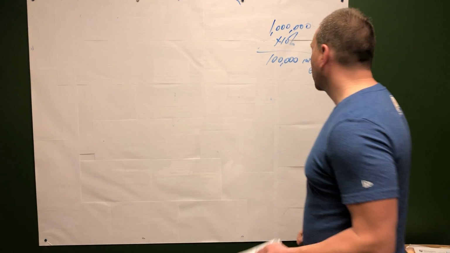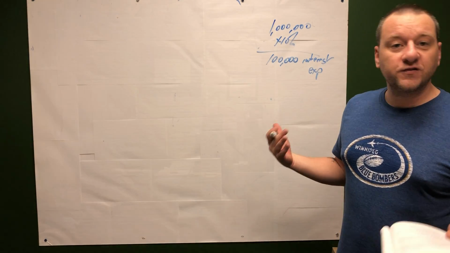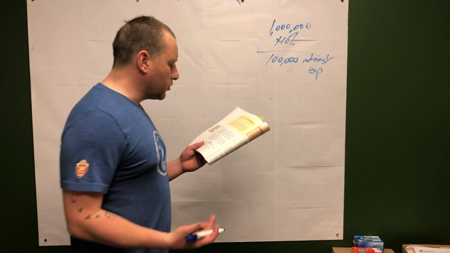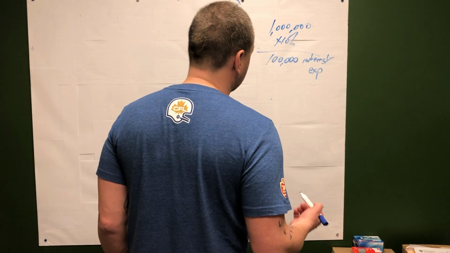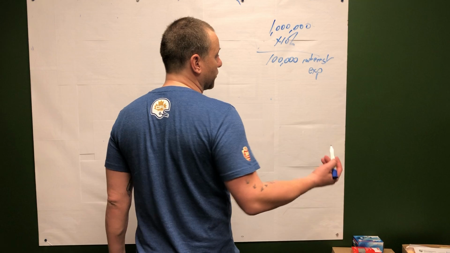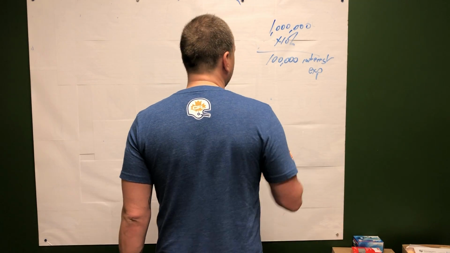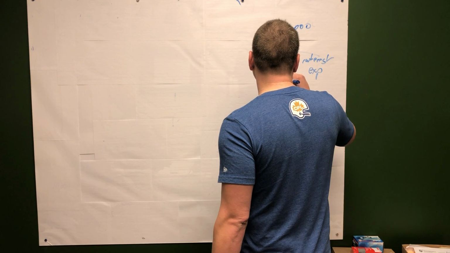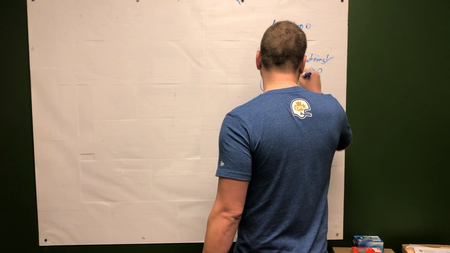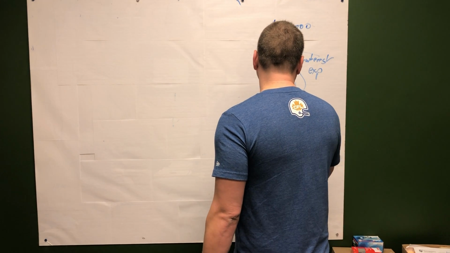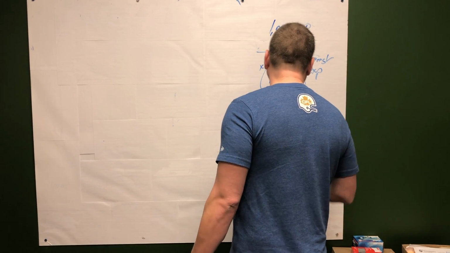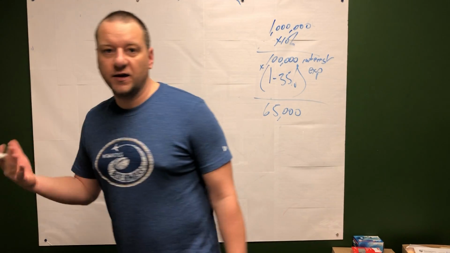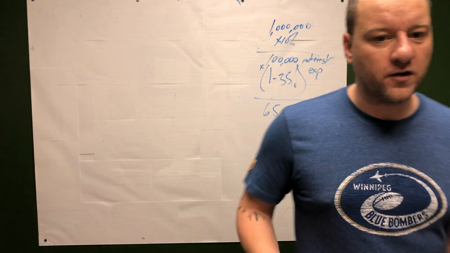Remember, that interest is tax deductible, so it's actually going to reduce our tax bill by $35,000. We take 1 minus the tax rate of 35%, and the after-tax cost of paying out that interest is only $65,000.